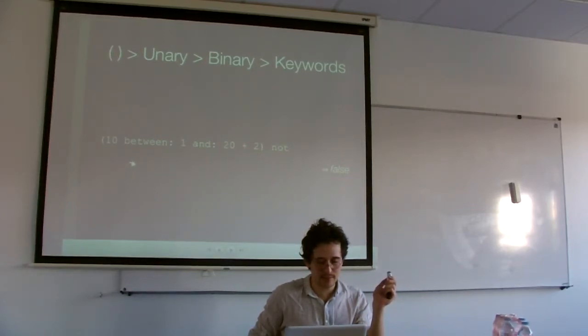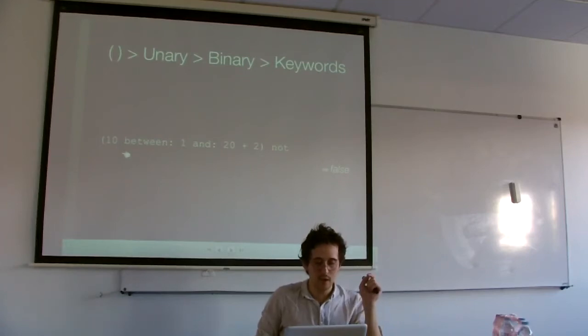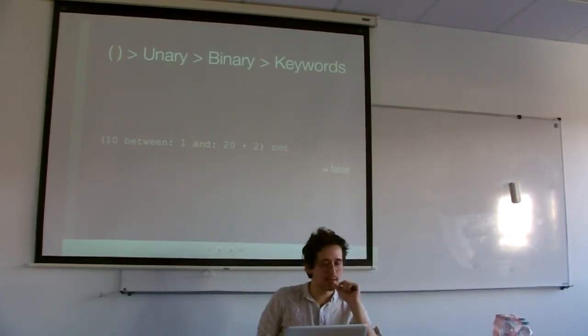That means that here the order of evaluation is first plus, send it to 20, reading 22, then it's between, and finally it's not. Okay, so 10 between 1 and 22 not, it's false.